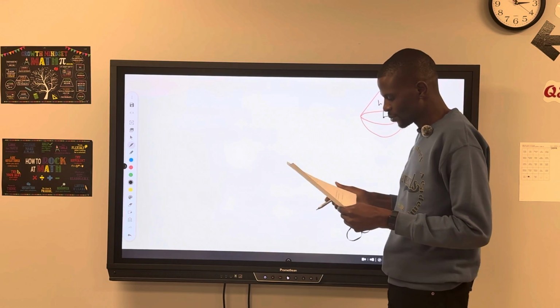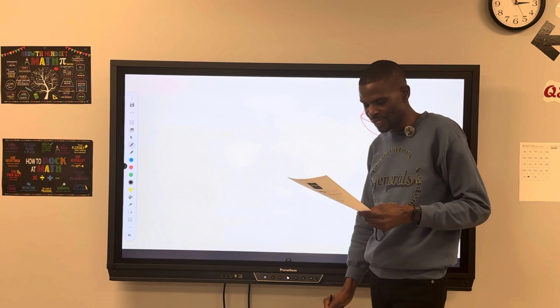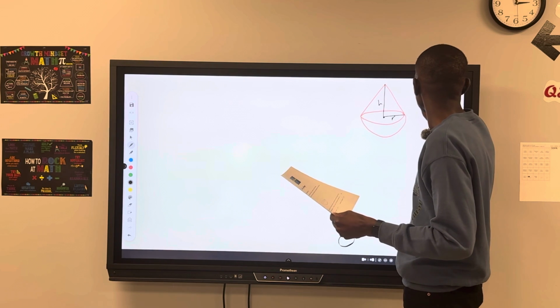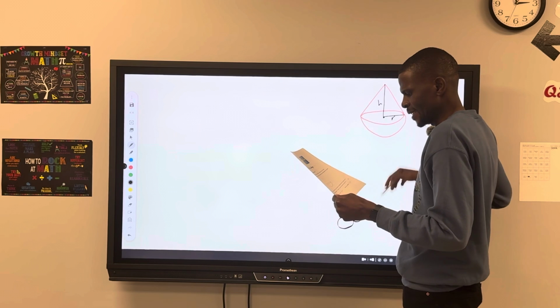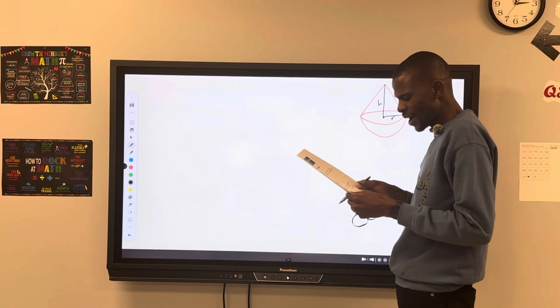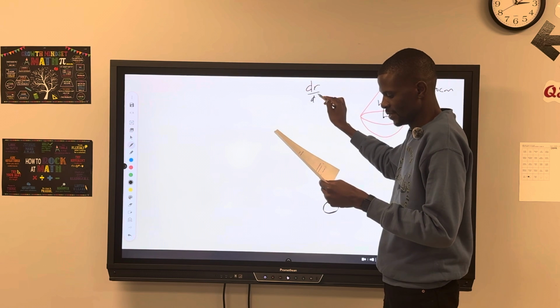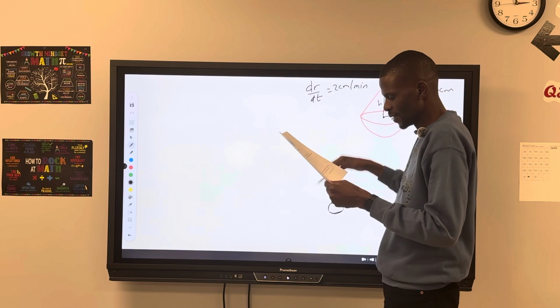We are told that a solid consists of a hemisphere of radius r joined to a cone of constant height 60 centimeters. Then if r increases at that rate, we are also given dr/dt is 2 centimeters per minute. This is all the given information.